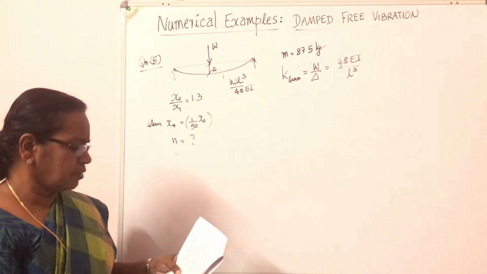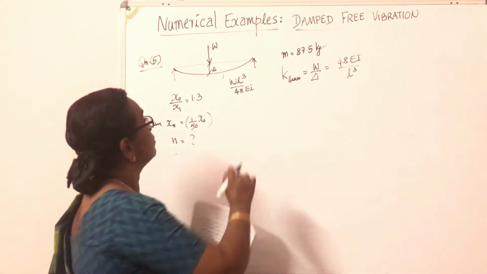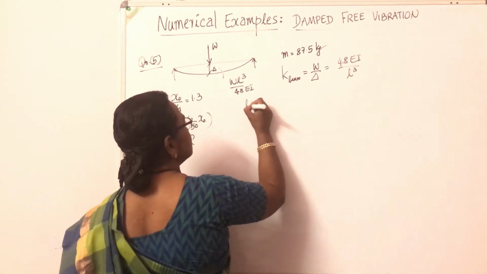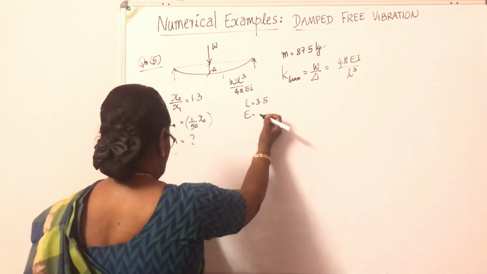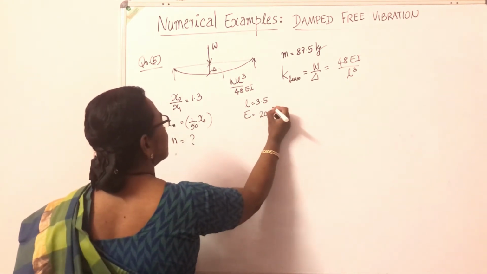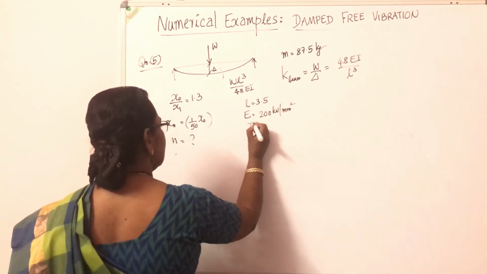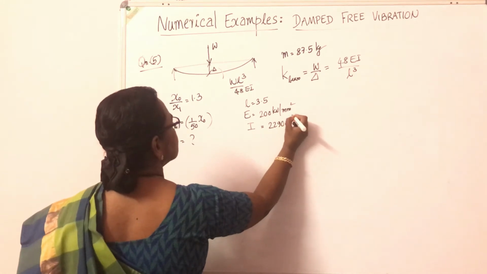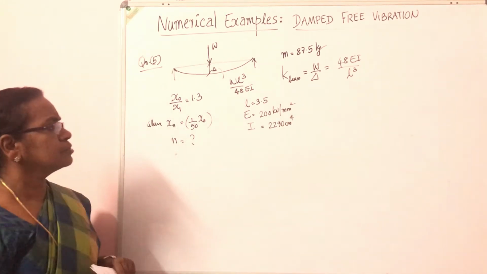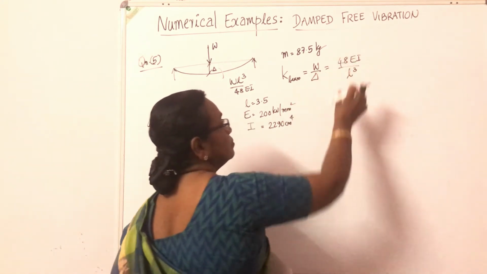So substituting the given values, E and I are given in the question. Length is given as 3.5 meter. The span is 3.5 meter. E is given as 200 kilonewton per mm square, and I is given as 2290 centimeter raised to 4. So substitute the values with proper units.